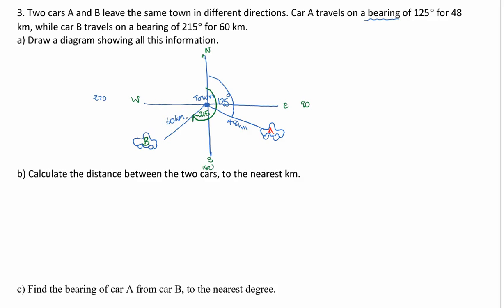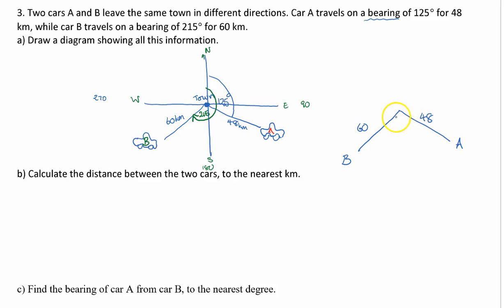Now, I've put all the information on there. There's nothing very obvious at the moment about a right-angled triangle. So that's the next piece of work that we have to do, is establish where this right-angled triangle is. So I'm going to redraw. Car B is sitting down here, and there's 60, and car A is sitting out here at 48.